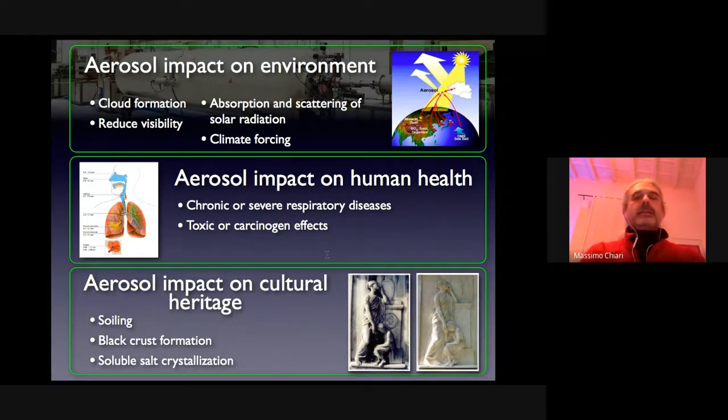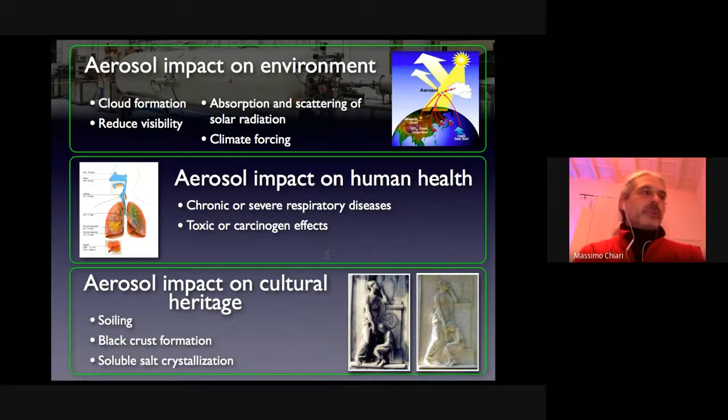Why it is important to study aerosols, and later I will discuss why it's important to study them with ion beam analysis: aerosol has an impact on the environment, because it contributes to the climate forcing, with a role typically opposite to that of greenhouse gases, but the effect of this forcing is not yet well understood, so there are large uncertainties.